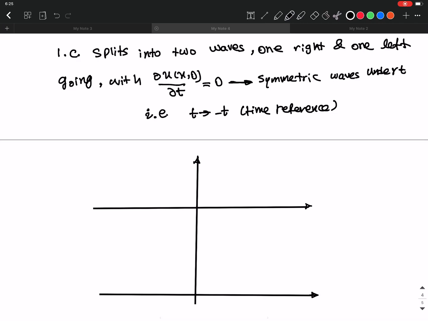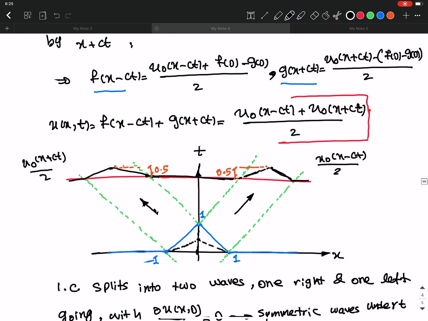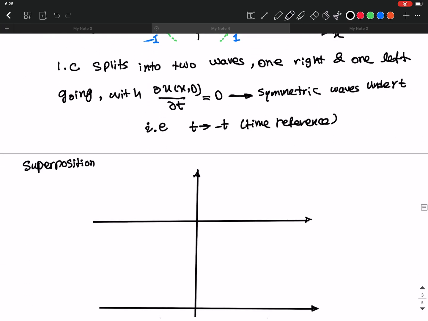And that is with superposition. Okay, so we have to superpose these two functions that we found, u naught of x minus ct over 2 plus u naught of x plus ct over 2, right?